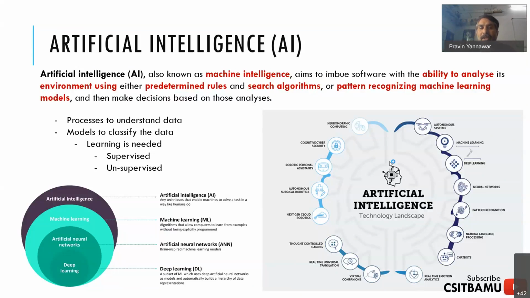Okay, so what exactly is artificial intelligence? Artificial intelligence is an intelligence incorporated into the machine, defining an ability to analyze the data in the defined environment with the defined set of rules, as well as with the search algorithm or pattern recognition machine learning models in order to take decisions.